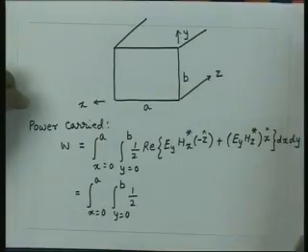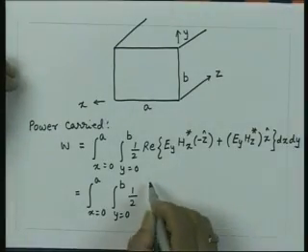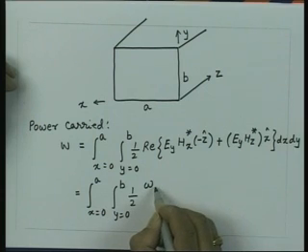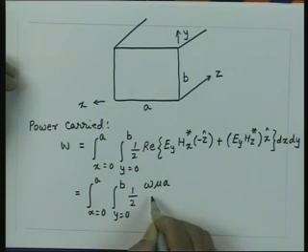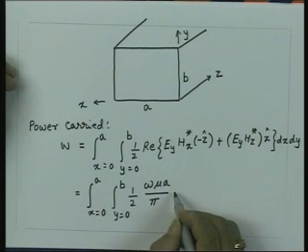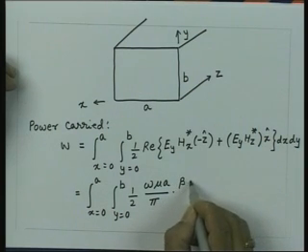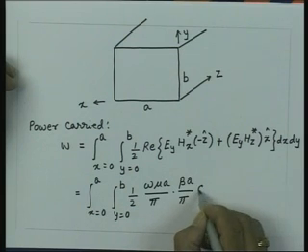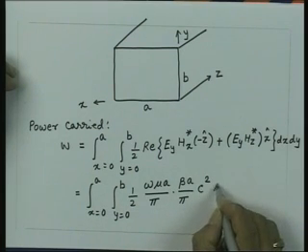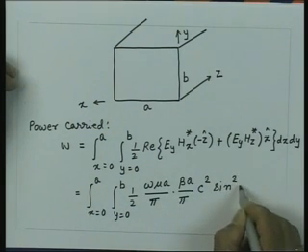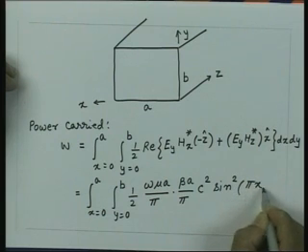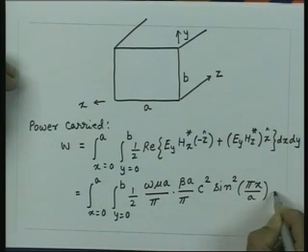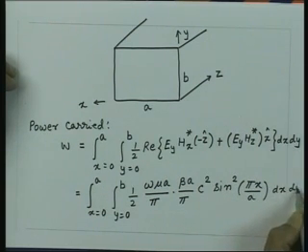So that gives me omega mu a upon pi, beta a upon pi, c square sin square pi x by a dx dy.